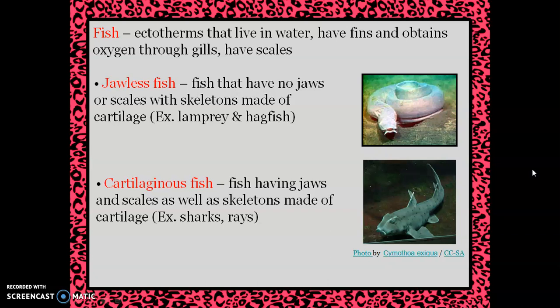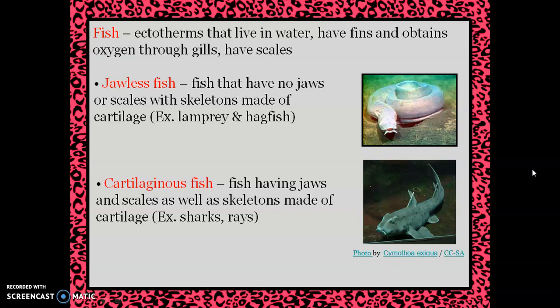There are three types of fish: jawless fish, cartilaginous fish, and bony fish. Jawless fish are just like what it suggests. They don't have a jaw. They don't have a bony jaw. They will have teeth, and they have muscles that they can move those teeth. They don't chew. What they do is, like a lamprey is a parasitic fish.